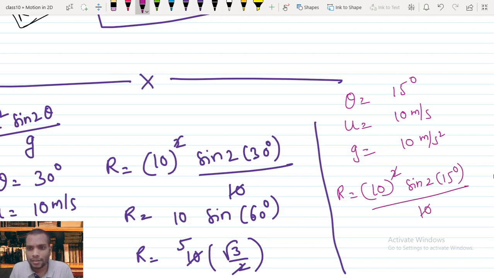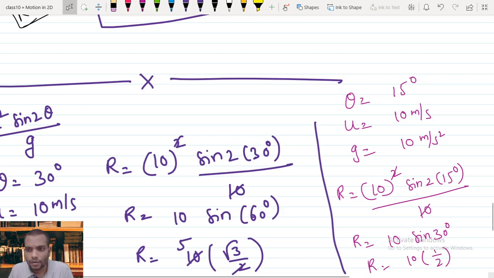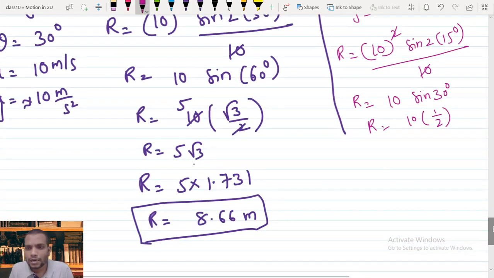So range r equals 10 times sine 30, and the sine 30 value is 1 upon 2. So we got range r equal to 5 meters.